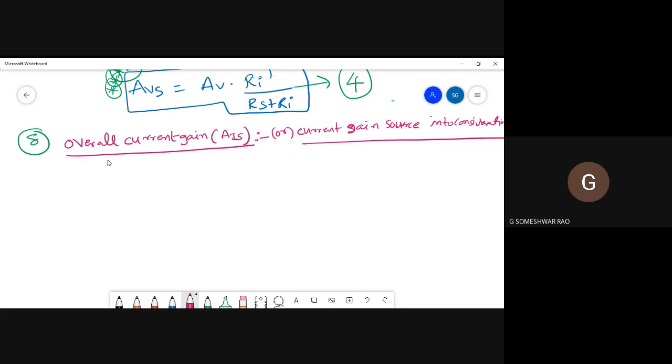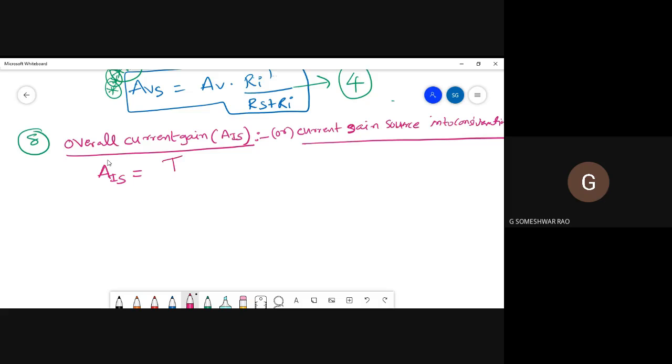సో వాళ్ళకి మాత్రం ఏం అర్థం కాదు. చెప్పండి ఇప్పుడు ఏఐఎస్ కి ఎక్స్ప్రెషన్ చెప్పగలరా? ఏఐఎస్ అంటే అర్థం ఏంటి? ఓవరాల్ కరెంట్ గెయిన్. ఓవరాల్ కరెంట్ గెయిన్ అంటే అవుట్పుట్ కరెంట్ బై ఇన్పుట్ కరెంట్.